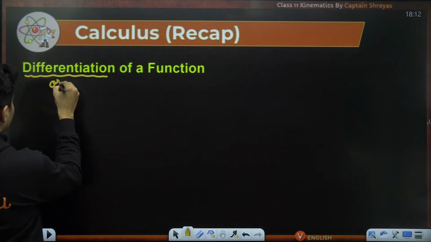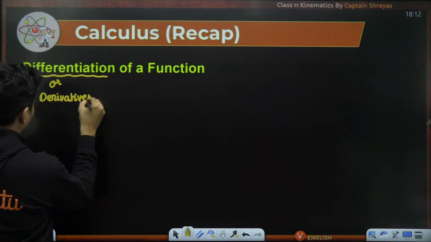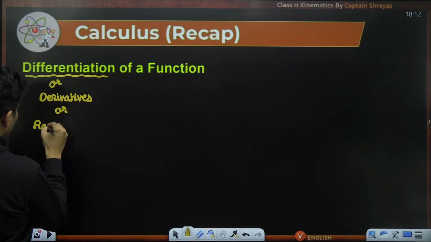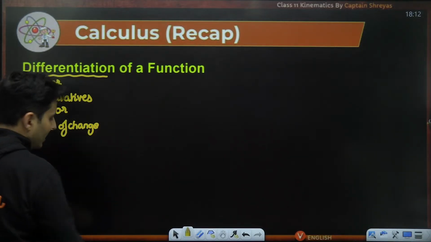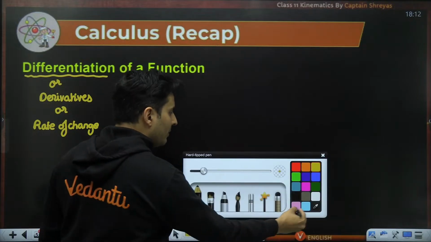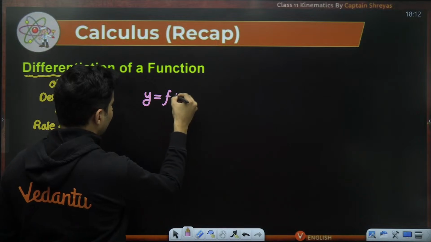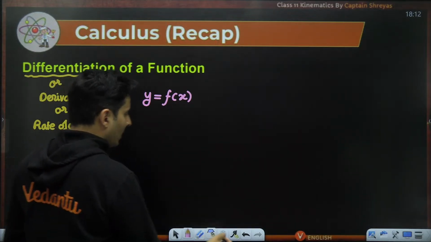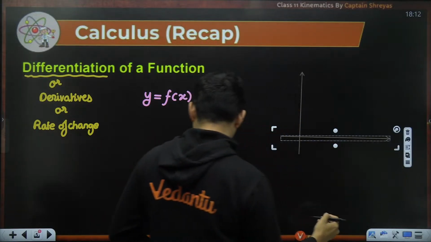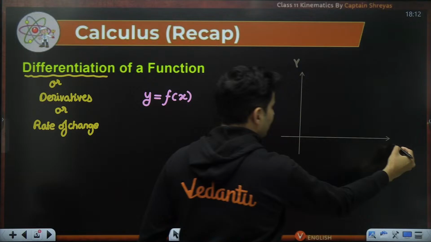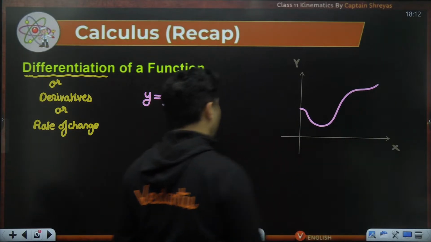differentiation, or basically derivatives, or basically rate of change. So if you remember, we have already mentioned that if you have some function like this, y is f of x, that function could be like this. Maybe this is your y-axis, maybe this is your x-axis, maybe this is your function like that.